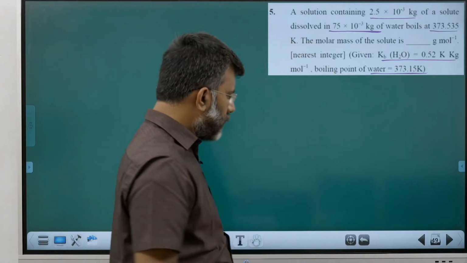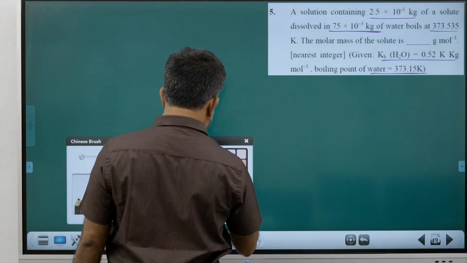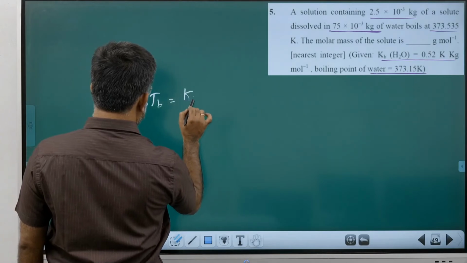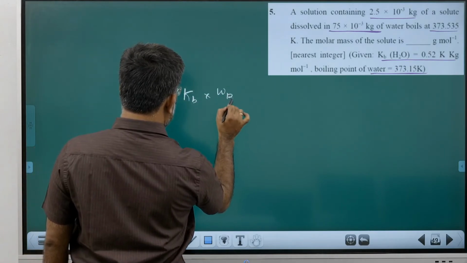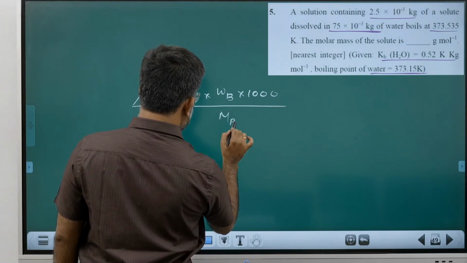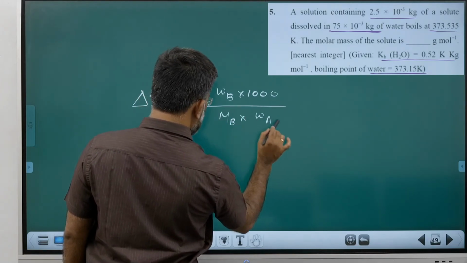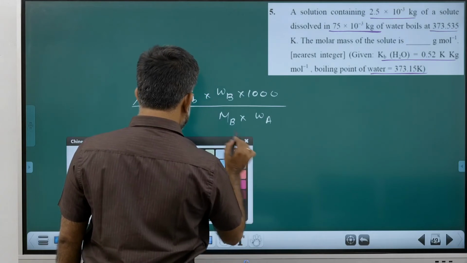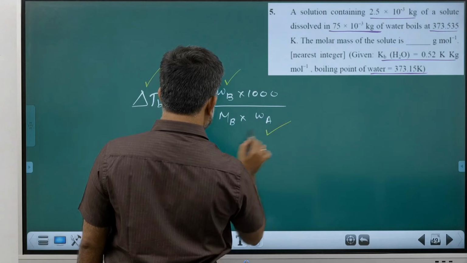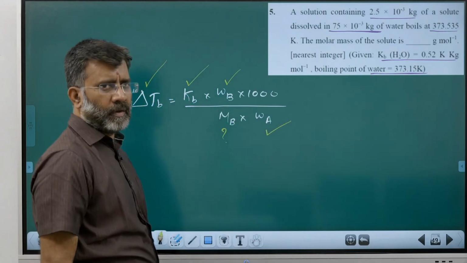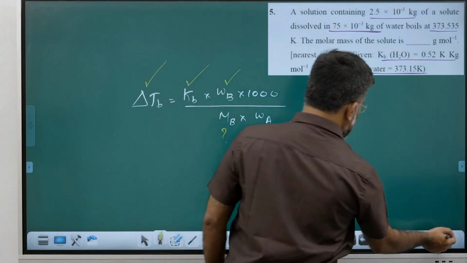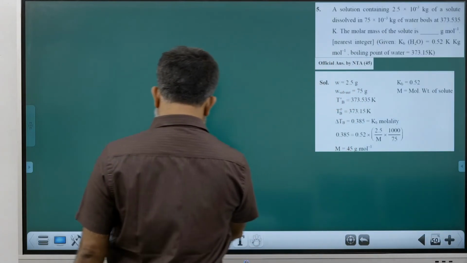Find out molar mass. So delta TB is equal to Kb into mass of solute into 1000 divided by molar mass of solute into mass of solvent. See, all data given. To find out this, that's all. Direct substitution.